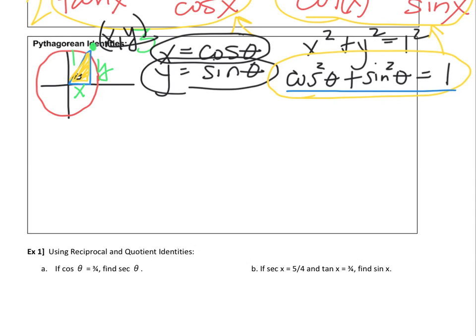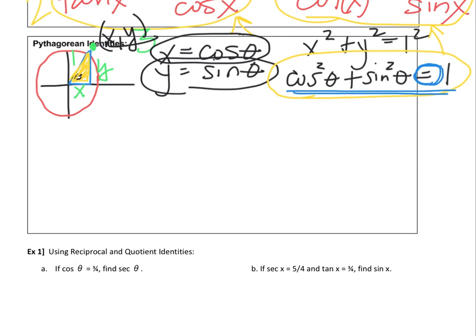So because this is an equation right here, we know that with equations you can add to each side, subtract from each side, multiply each side, divide each side. As long as you're doing the same thing to the left and the right, we're going to maintain this equality between the left and the right. So what mathematicians did is they said, hey, let's manipulate this identity, cosine squared of theta plus sine squared of theta is equal to 1.